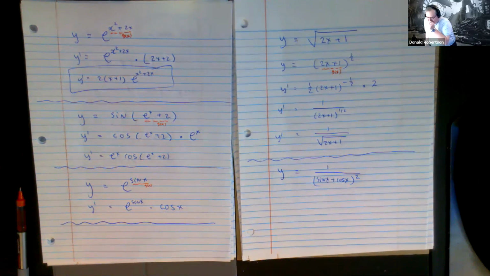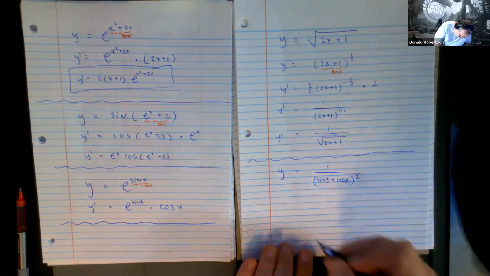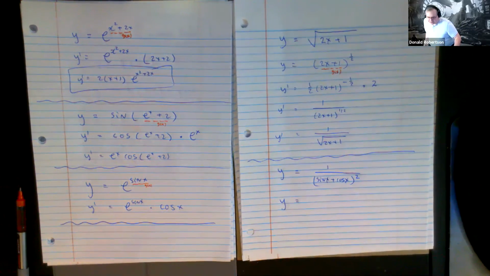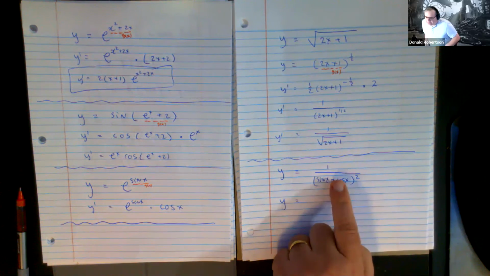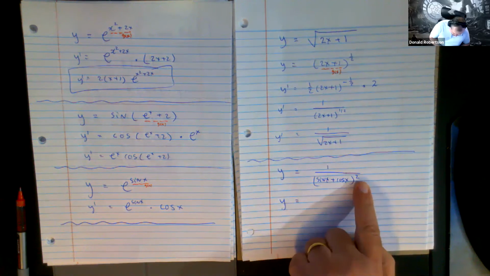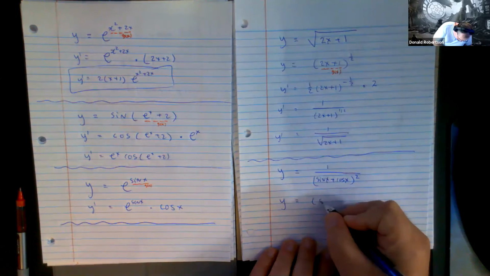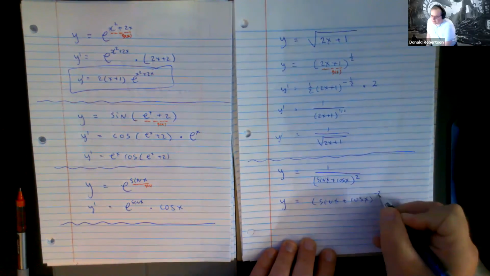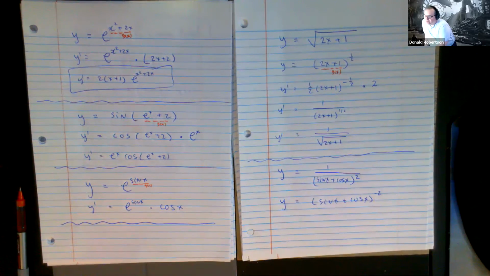Let's look at this fella. What would be a better way to write this fella so I can start thinking about differentiating it? Cosine x to the -2. Agreed? -2.